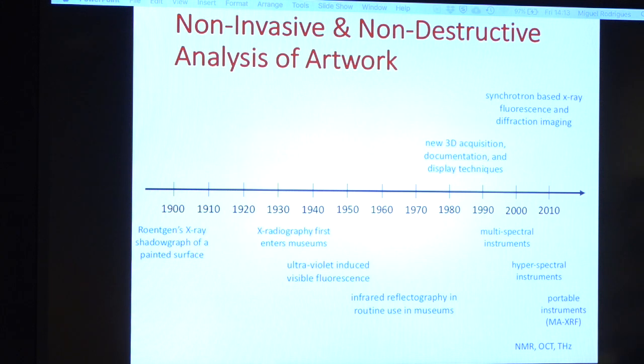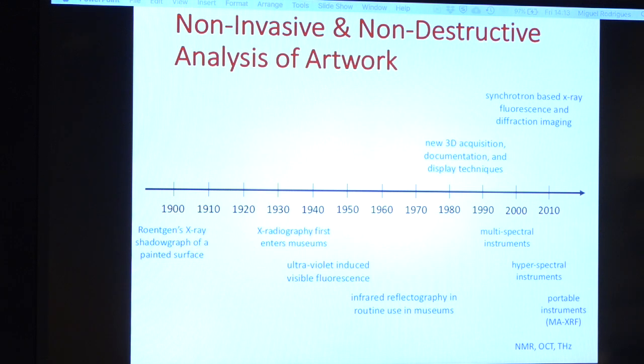This kind of started in 1895 with the discovery of X-rays by Röntgen. In fact, one of the very first shadowgraphs that he produced was of a painted surface. Now, in the 30s, people started using X-rays, or X-radiography, in museums.